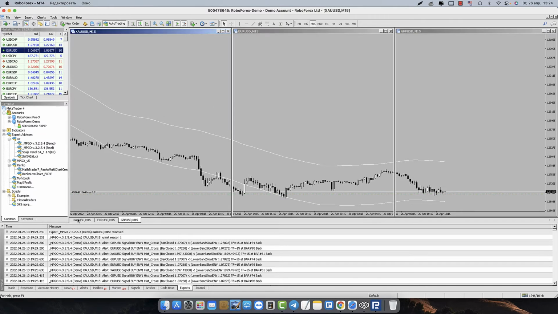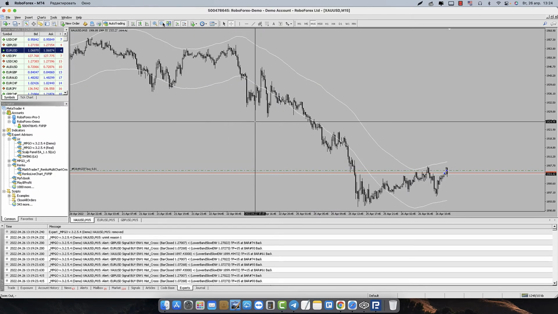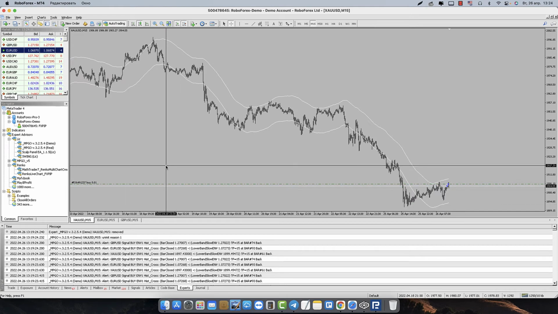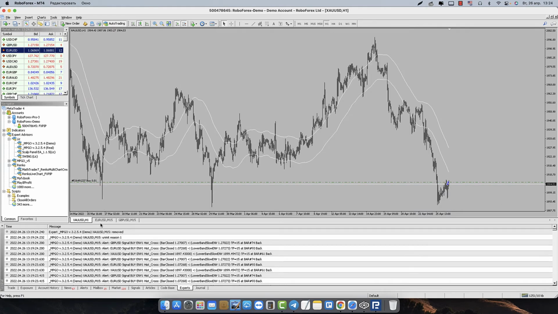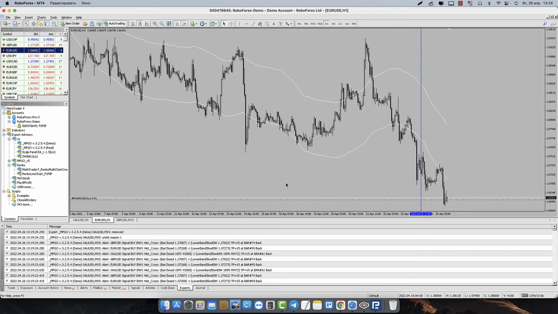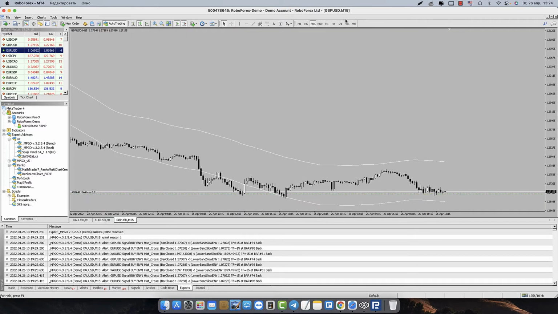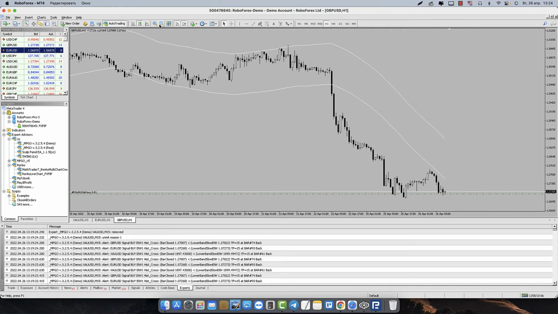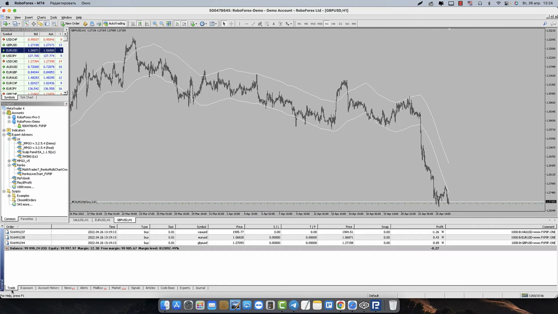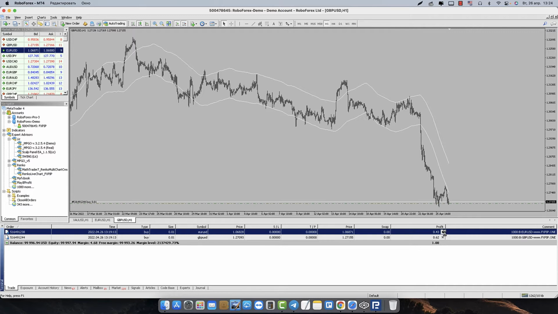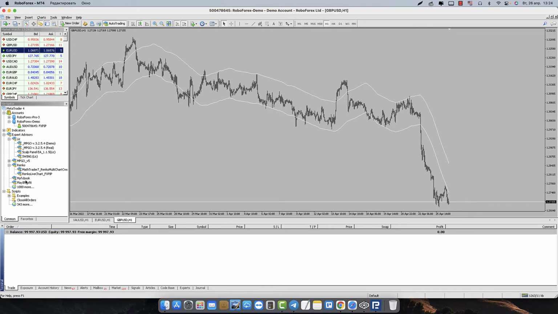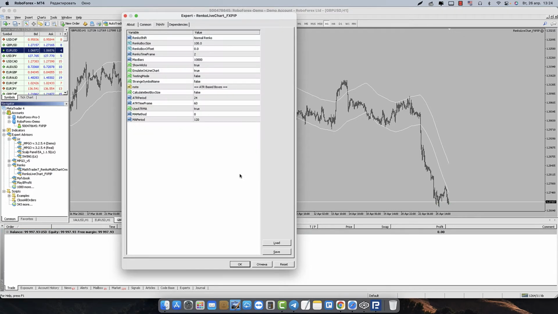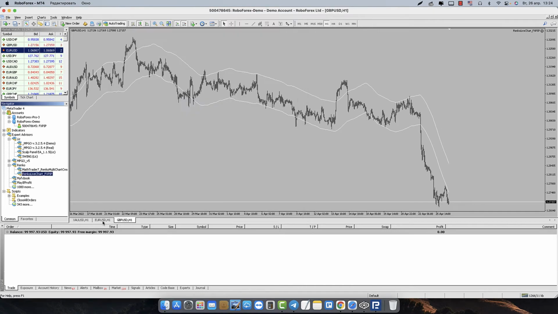And let's do something similar with Renko bars. I will show you how to make it with Renko charts, how to trade the robot with Renko bars and Renko charts. You will understand how to search signals. Now we will close this, we don't need this, and we will attach it at every chart.